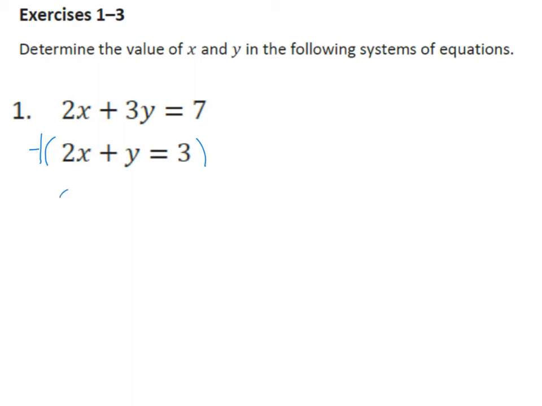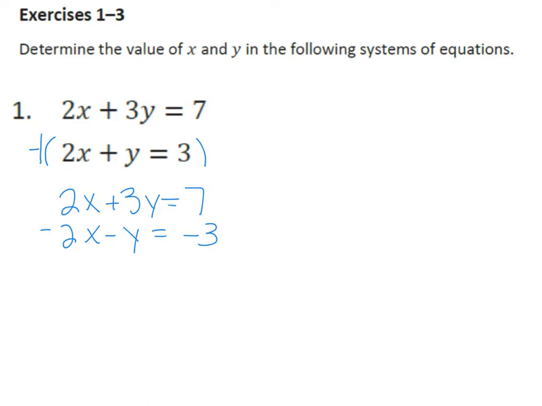So my top is still going to be 2x plus 3y is equal to 7, and my bottom now becomes -2x minus y is equal to -3. Now if you remember, at this point all you're going to do is add your top and your bottom.